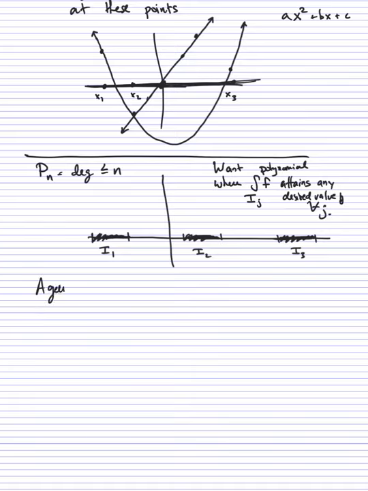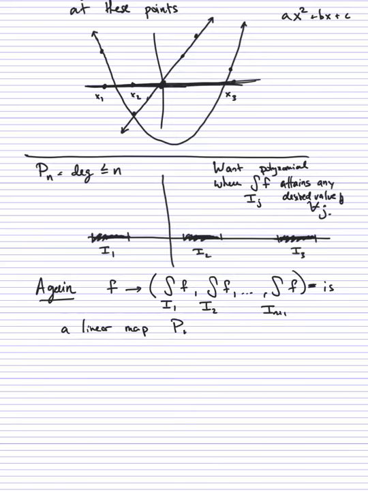How do you find that? Well, again, you use the fact that f goes to the integral over the first interval, the integral over the second interval, up through the integral over the n plus 1 interval of f, is a linear map from Pn to R to the n plus 1.